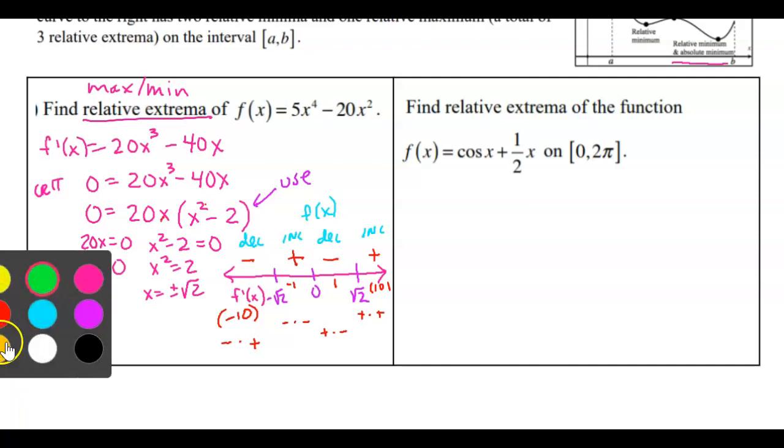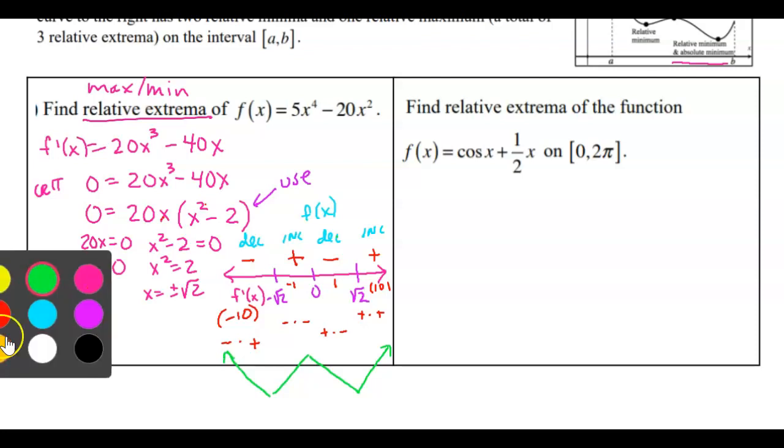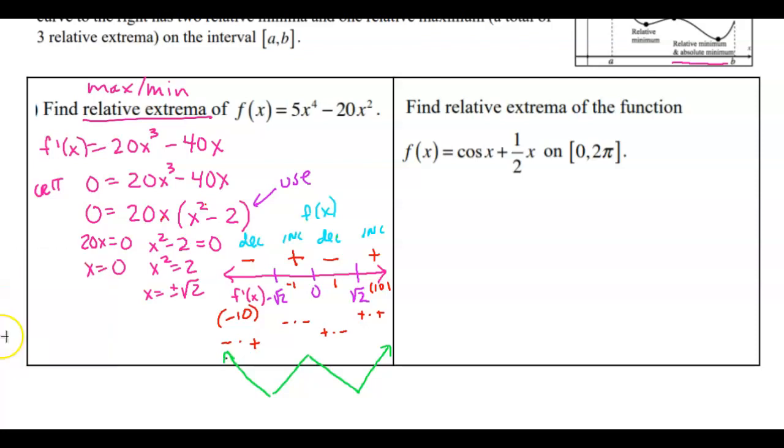So if I want to find the relative max or min, I don't remember all those rules, but if I draw it, I'll be able to see. So if I decrease, I'm going to make my y value go down. Then I increase. Then I decrease. Then I increase. Okay, and so that's the shape, generally. So then I can see, oh, well, I keep going and I keep going.